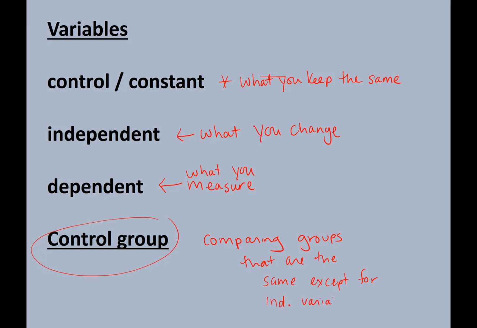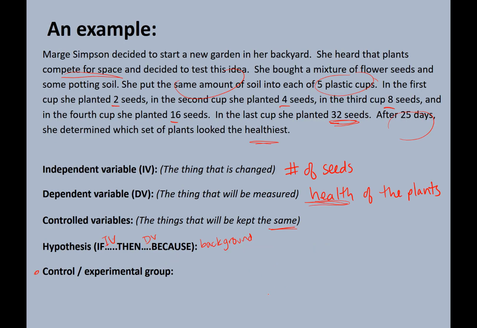And we don't always have control groups. Okay, so let's go here. Does she have a control group? No. Okay. She doesn't know which one is going to grow the best. She hasn't done that kind of experiment.